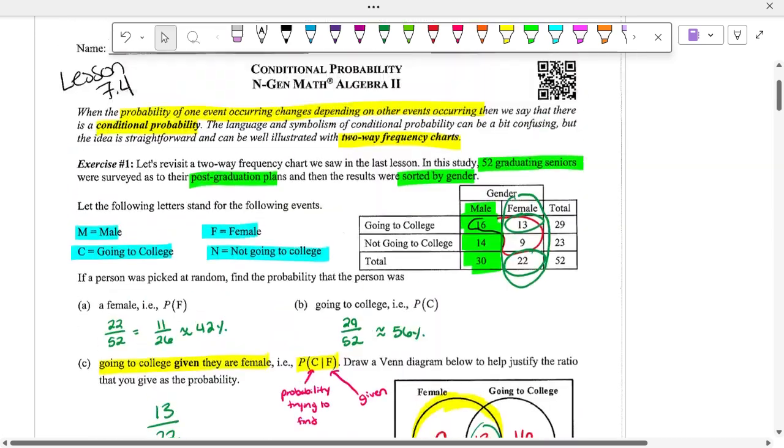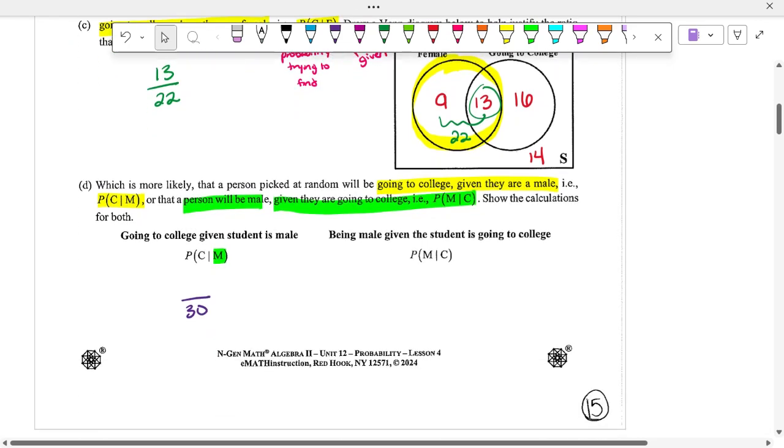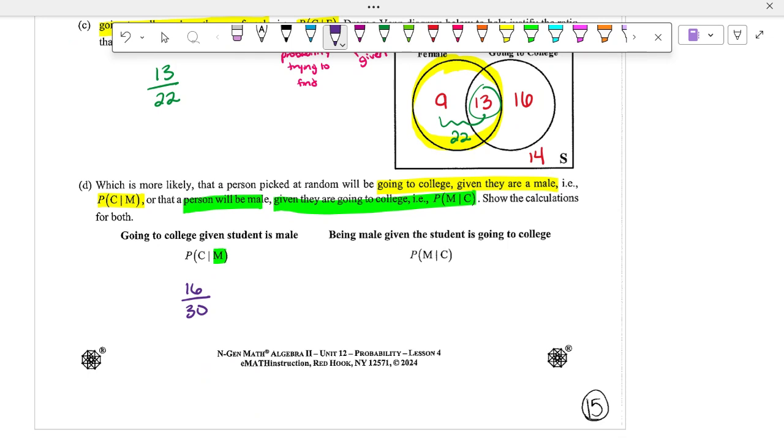And how many of those males are going to college? 16 out of 30. All right. Now, do me a favor and convert that to a percent. So as a percent, what is that? All right, so it's about 53%.